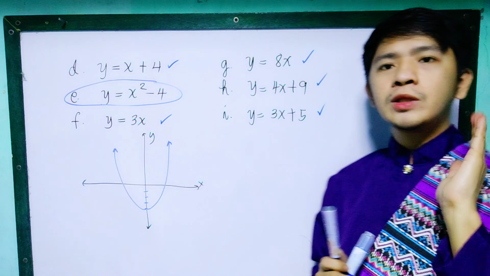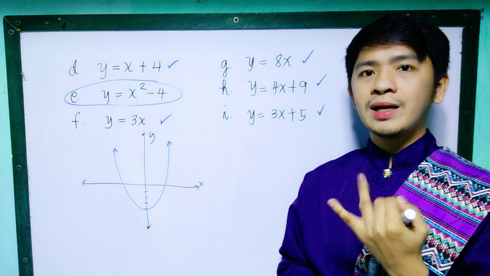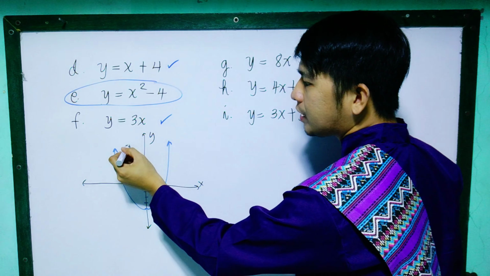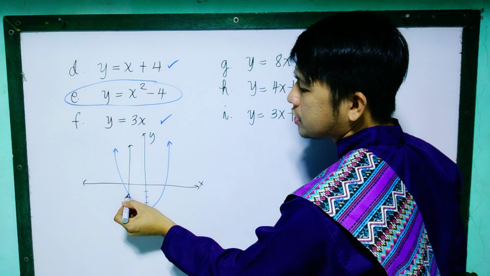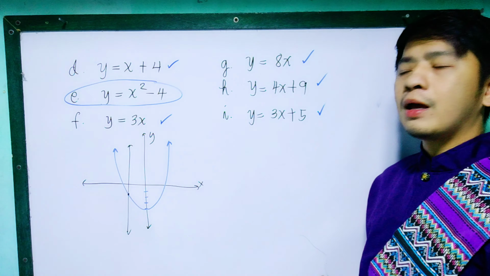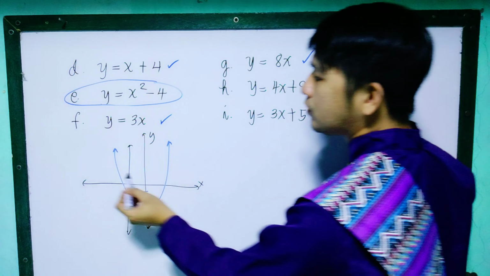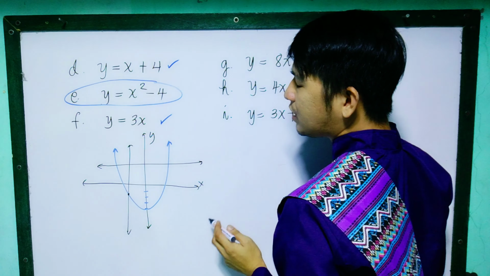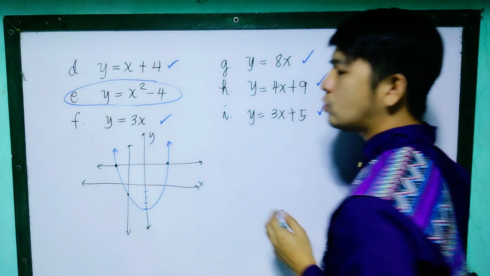So, if we are going to test or if we are going to draw the horizontal and vertical line, what will happen? If I'm going to draw the vertical line, it will intersect the graph at only one point. So, okay, nakalusot siya. Paano naman kung horizontal line ang gagamitin natin? So, if I'm going to draw a horizontal line here, how many points of intersection? 1, 2.